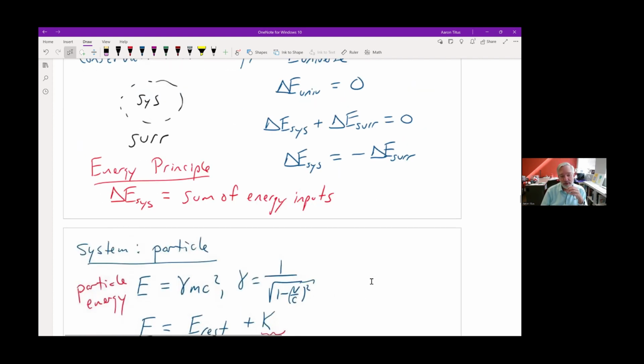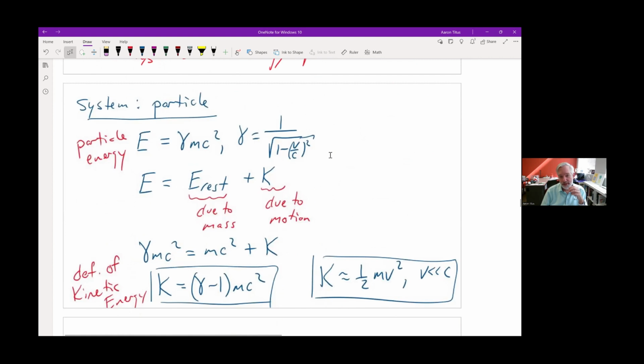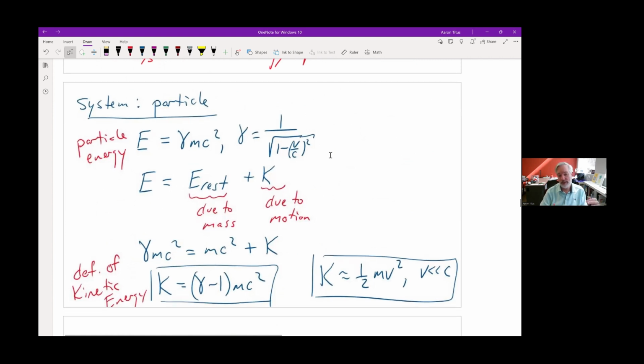Now, the first system that we look at, and I call this the energy storyline in matter interactions, you start with the energy of a particle. The energy of a particle is gamma mc squared. By the way, a particle I define as not made of anything smaller.